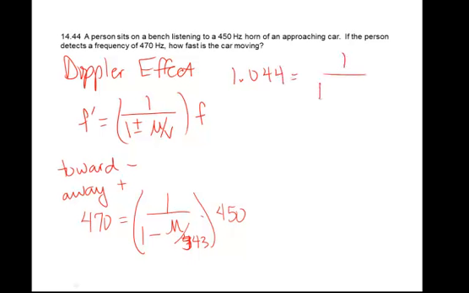1 over 1 minus mu over 343. Okay, so then I'm going to take 1.044 times that, or 1. So I'm going to take 1 divided by that number.